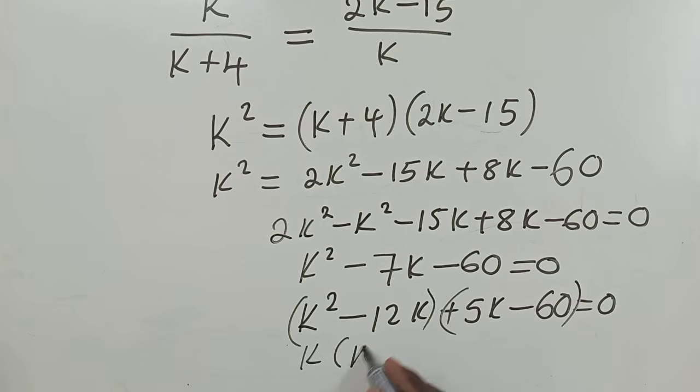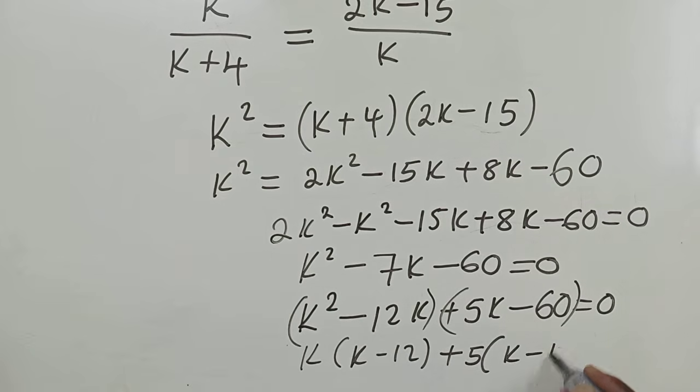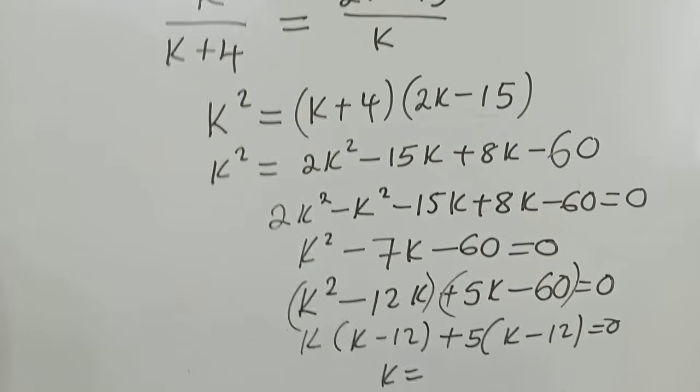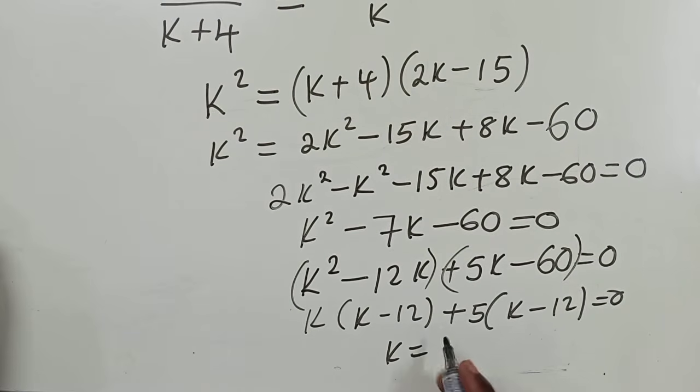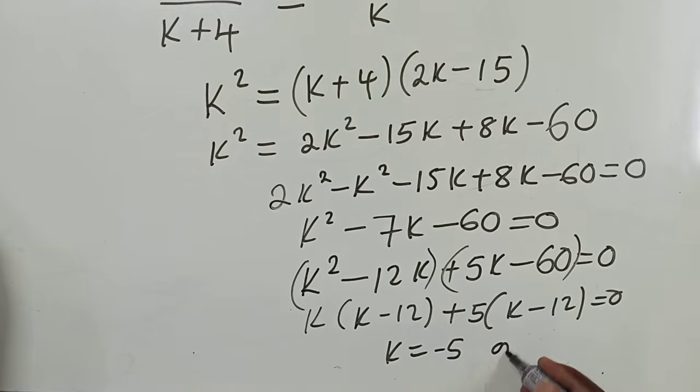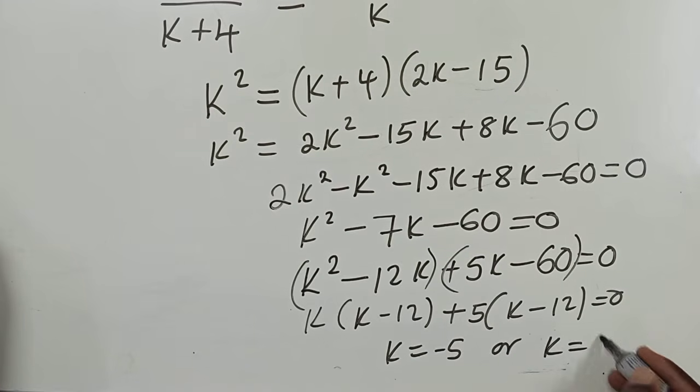We'll get k minus 12. Okay, here plus 5, we'll get k minus 12, which is equal to 0. So the value of k is equal to negative 5, or k is equal to 12.